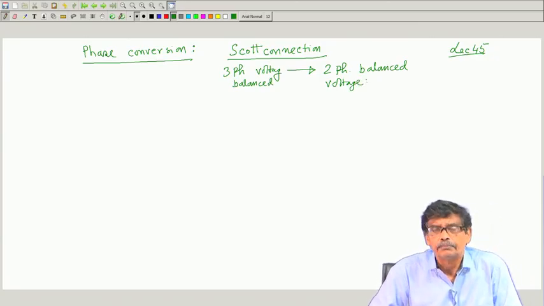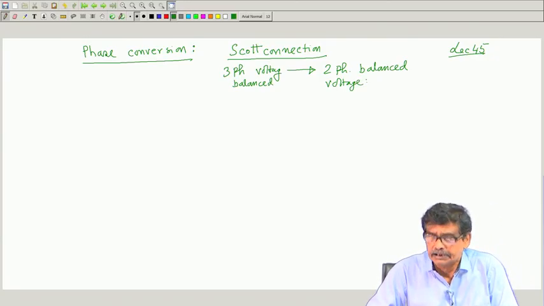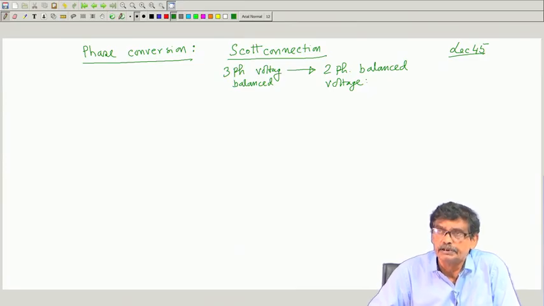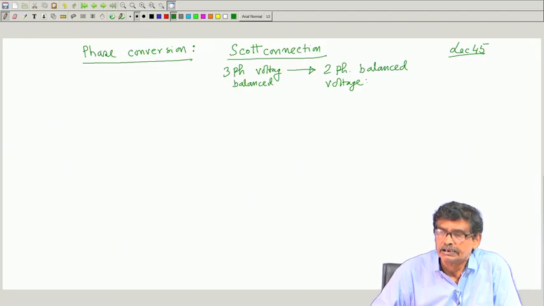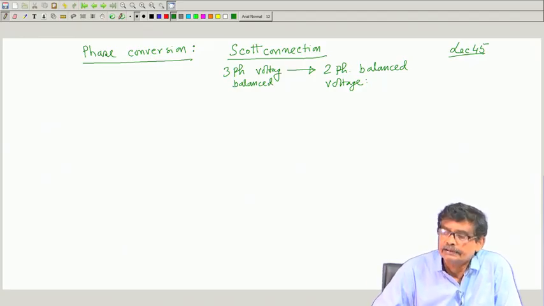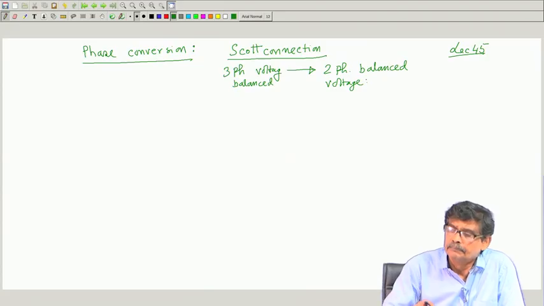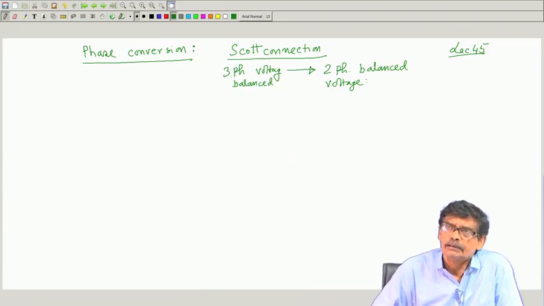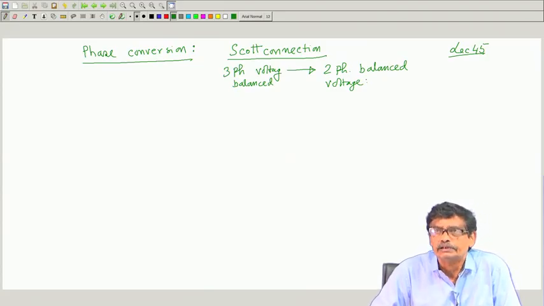See, our supply system is all three phase: generation, distribution, transmission. Then of course, you get single phase voltage, you can get between one line and neutral, like that. That is there, but sometimes two phase balanced voltage may be needed.